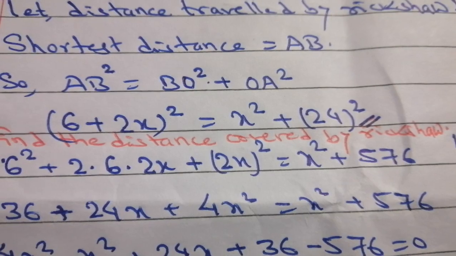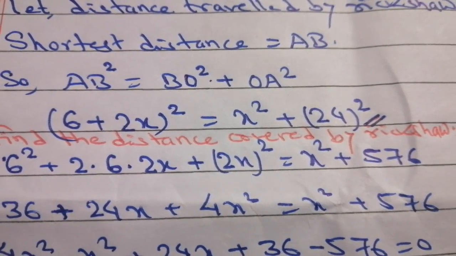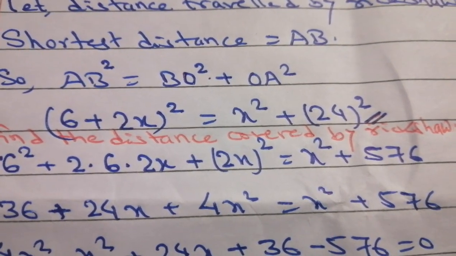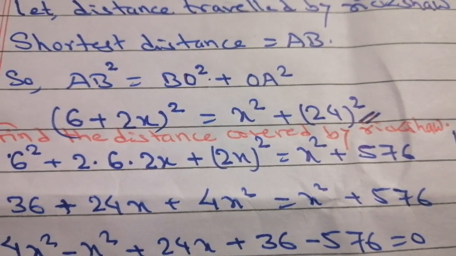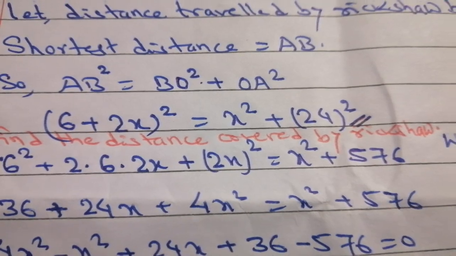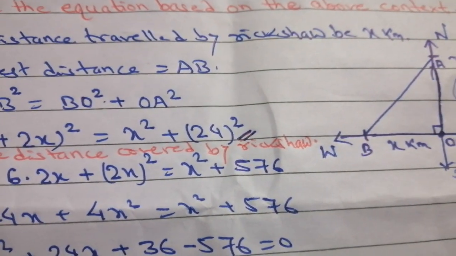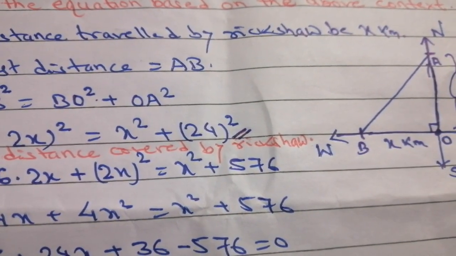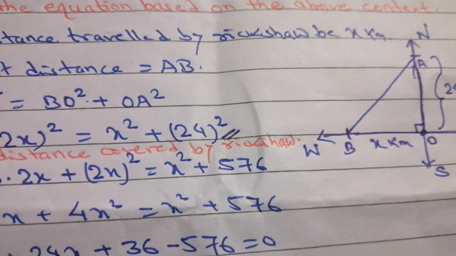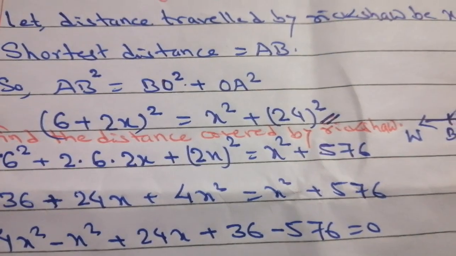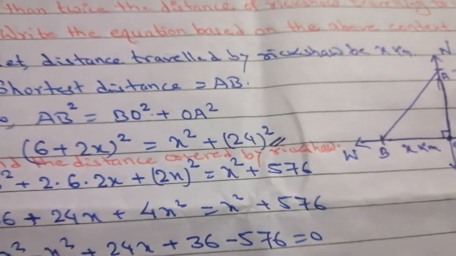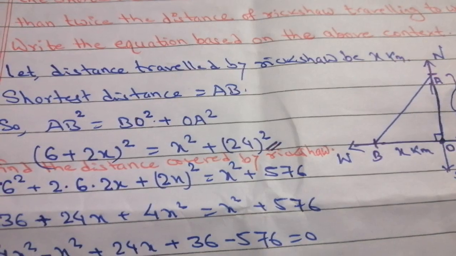We have supposed the distance traveled by the rickshaw as x, so its twice is 2x, and 6 km more means plus 6. So the length of AB is 6 plus 2x. BO, that is the distance traveled by the rickshaw, is x, and the distance traveled by the bus OA is 24. So this will be the required equation based on the given context.